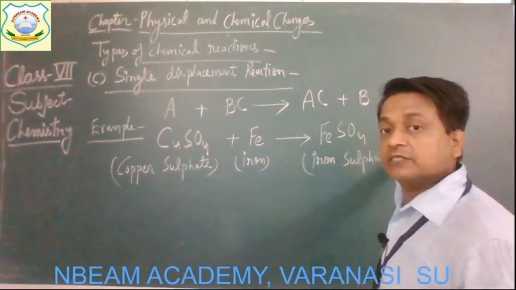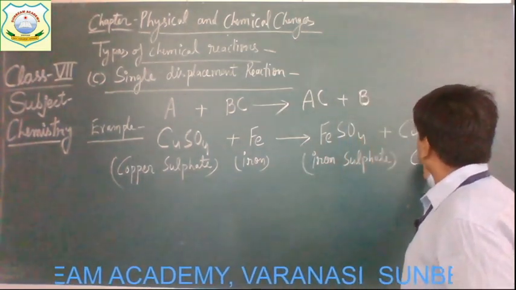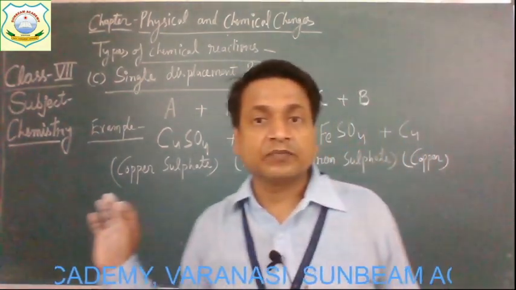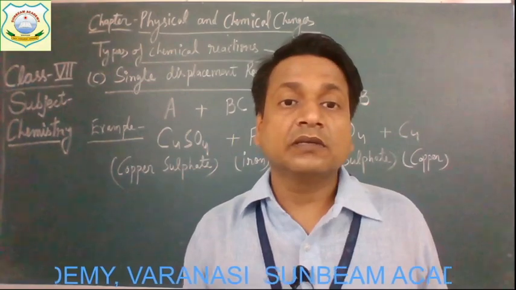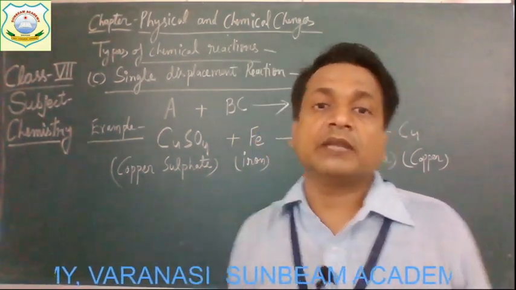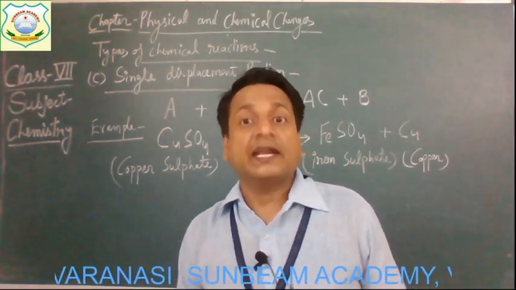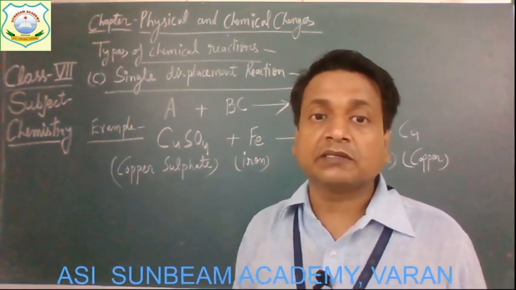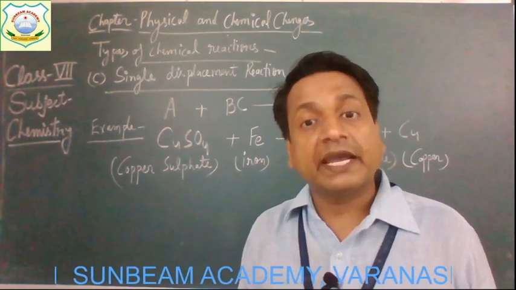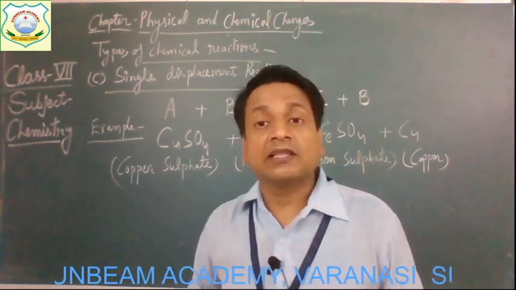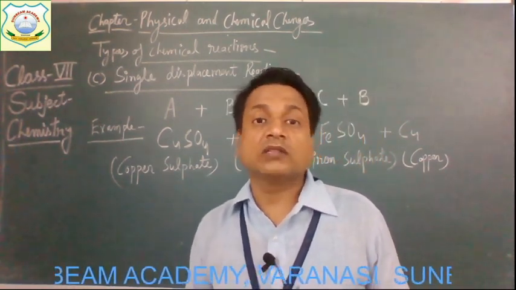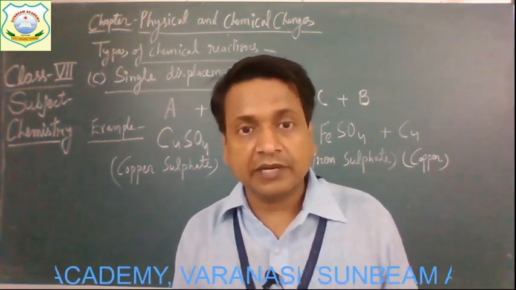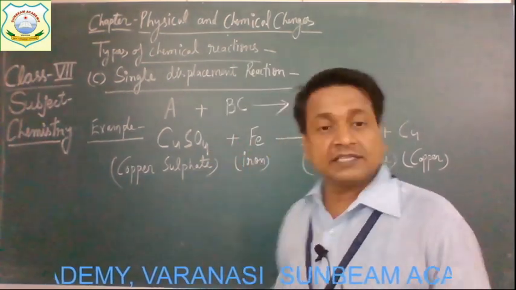And copper, the symbol is Cu. Get it, children? So what happened in this reaction? Iron is a more reactive element than copper. If a piece of iron is added to a solution of copper sulfate, then what will happen? Iron sulfate will form and the copper metal gets deposited on the iron piece. Okay, understood, children? Now take the next example.